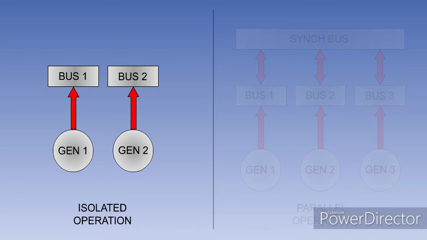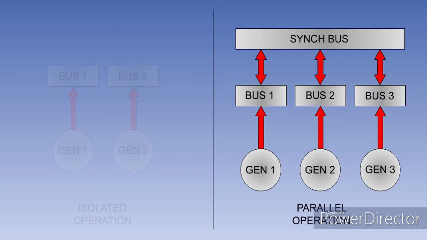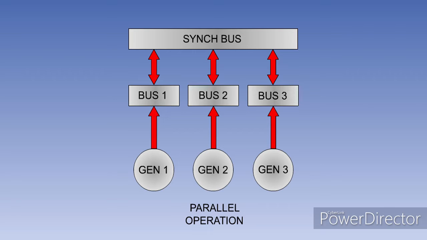On most two-engine aircraft, the generators operate in isolation, while many aircraft with more than two engines have their AC generators operating in parallel. In this lesson, we will look at parallel generator operation.